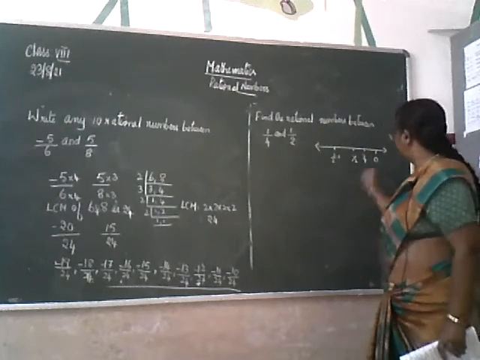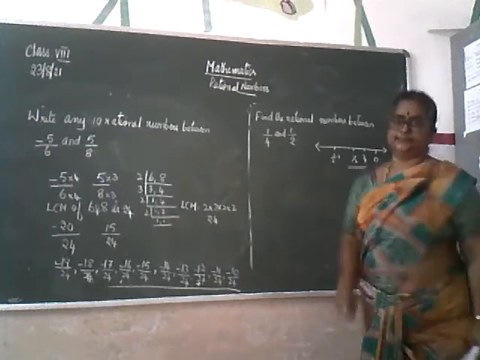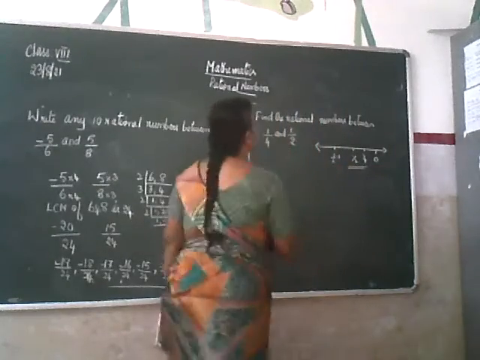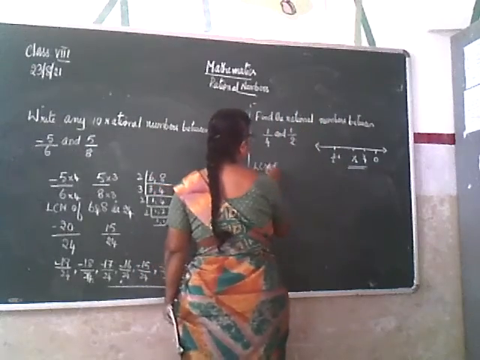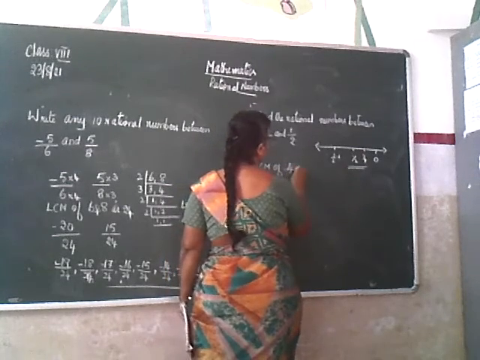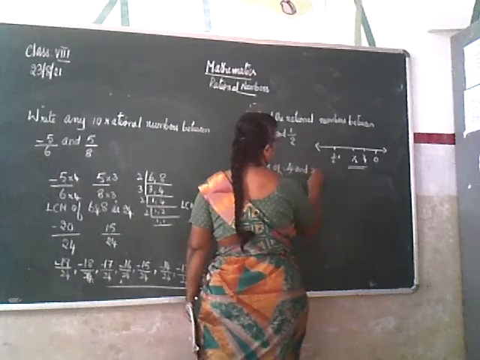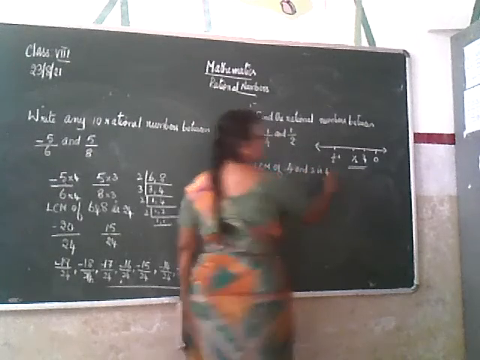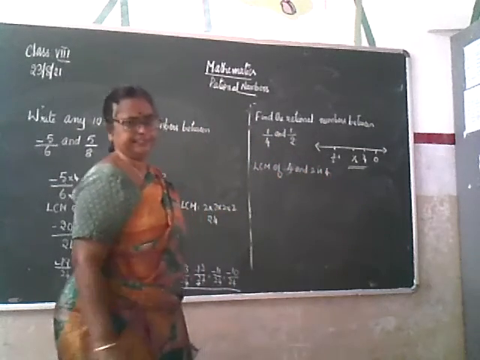So in between what will occur? Okay. So what is the LCM of 1 by 4 and 2? 4. You know. Isn't it?